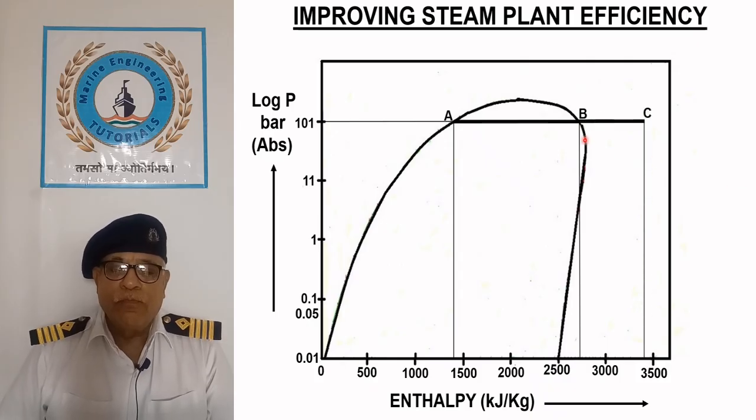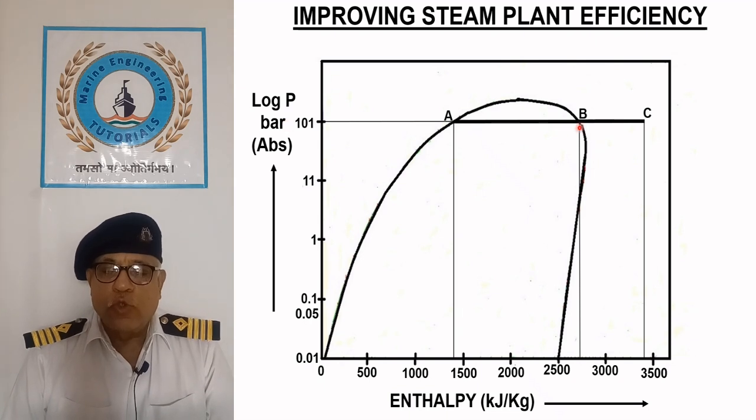Saturated steam at 100 bar is superheated to 500 degrees Celsius along line BC, where 650 kilojoule per kg of heat is added, raising its total enthalpy to 3374 kilojoule per kg.